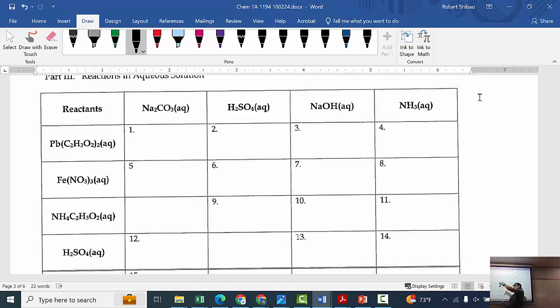Yeah, like a rust-colored precipitate, or orange, red precipitate. This is the hydroxide. This precipitate is iron 3 hydroxide.